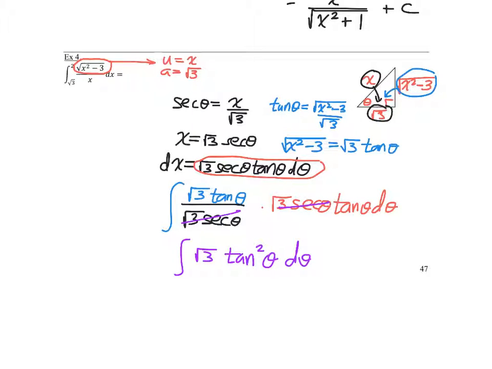Now that's not something that we can integrate in this current form, but we can make a slight adjustment to it based on a substitution. Tangent squared theta is equivalent to an expression.